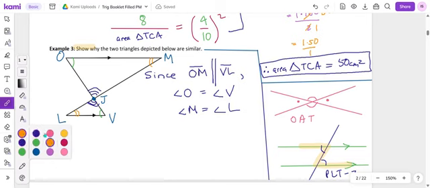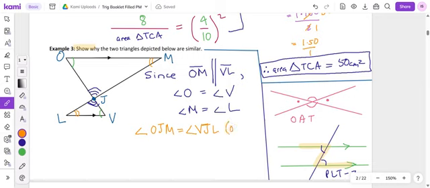And why can I say that angle J equals angle J? I can't just write J and J. Watch what I'm going to do. I'm going to say angle OJM equals to angle VJL because of OAT, because of opposite angle theorem.